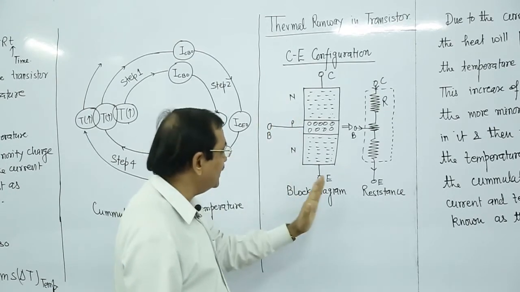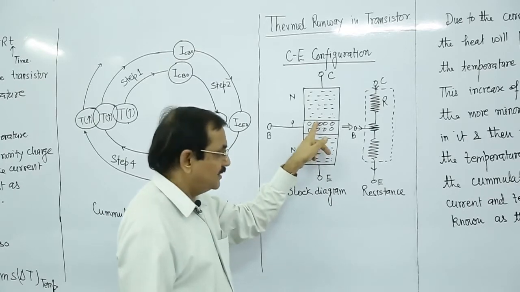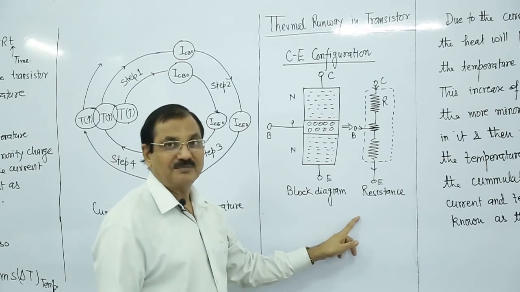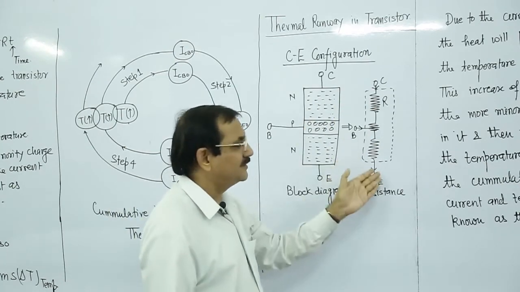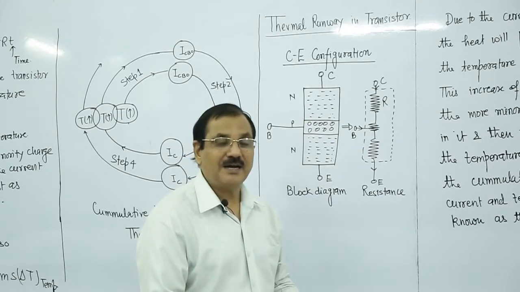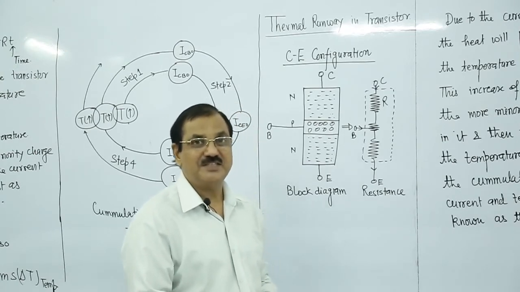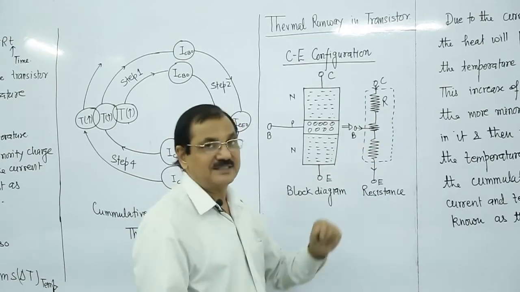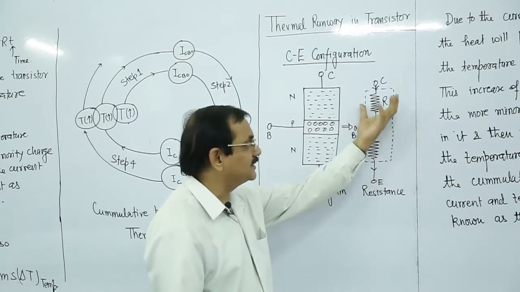So we can transfer the block diagram of the transistor into the resistance form of the transistor. These three parts have three different values of resistance. But I am not going to categorize each and every resistance of emitter, base and collector; overall we can say that there is a resistance of a transistor.